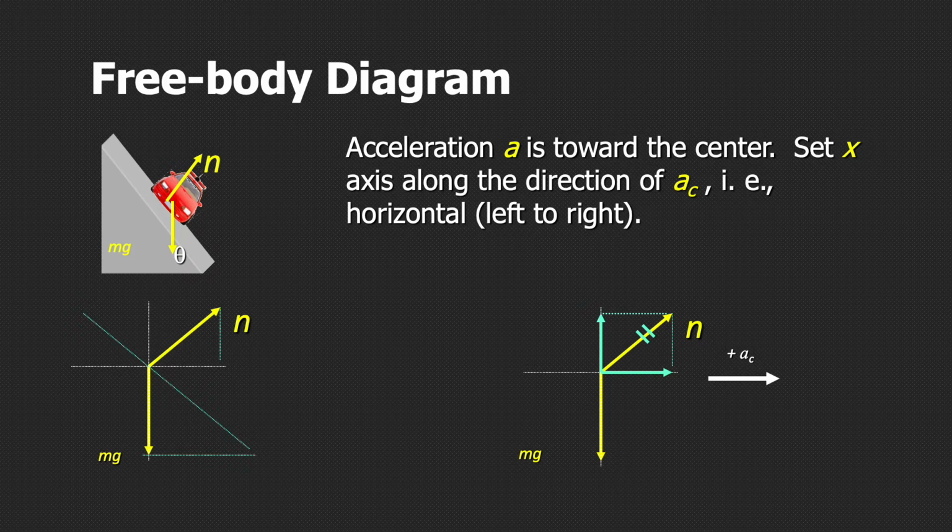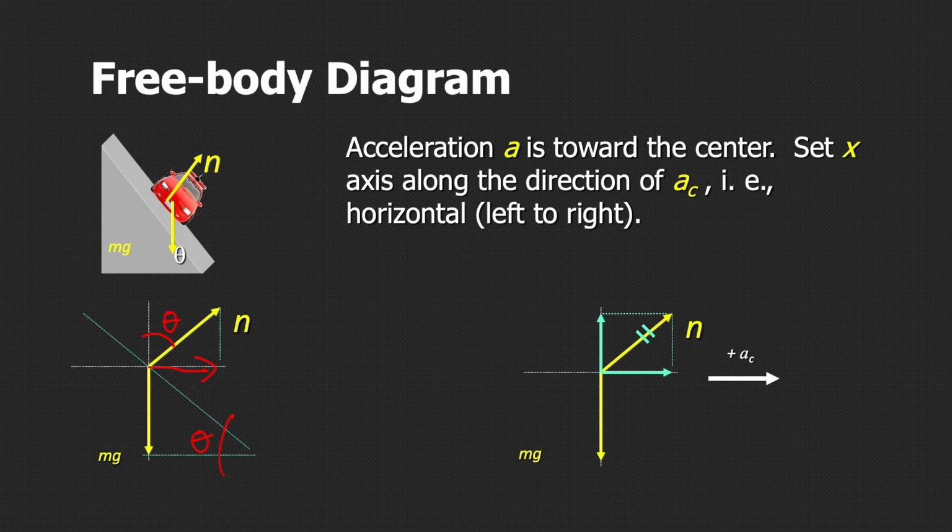So the acceleration a is towards the center, and we set the x-axis along the direction of the acceleration, which is horizontal, left to right. So here the acceleration is going this way, so that's the positive. Now if this is n, which is the normal force, we can say that this angle is theta, and this is also theta.